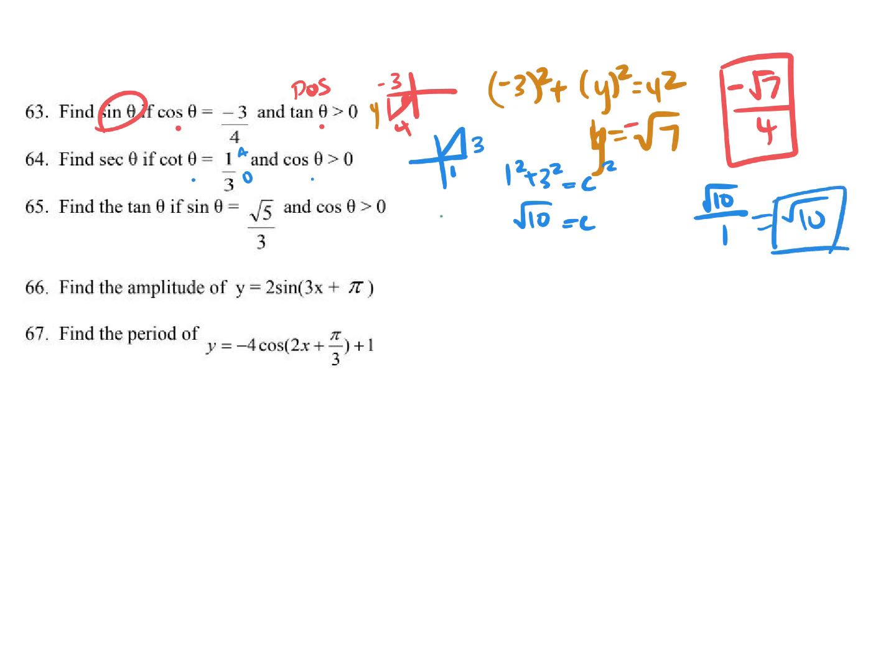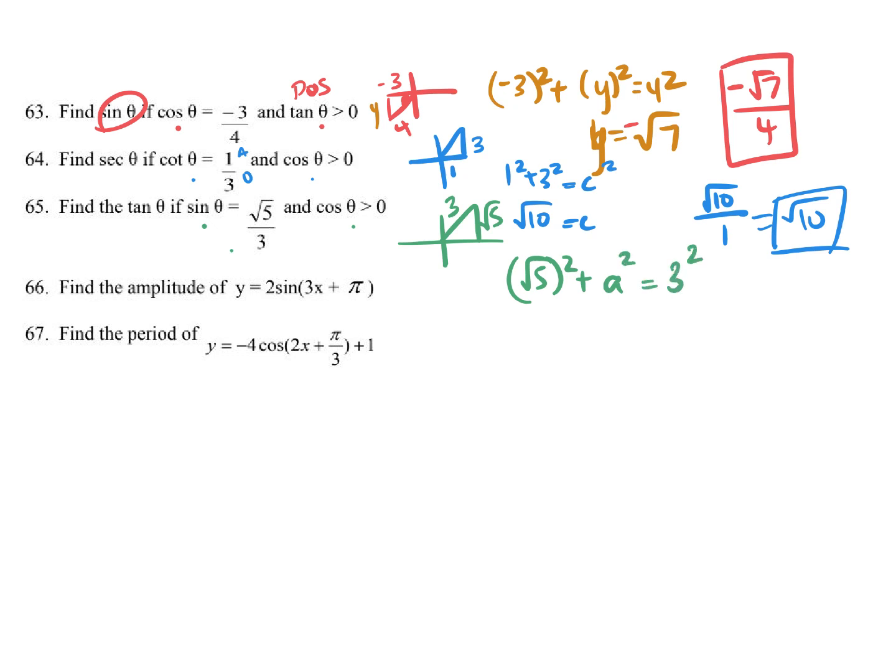Same thing. Sine is positive, cosine is positive. That can only happen in quadrant 1. Hypotenuse is 3. The opposite side is square root of 5. So that means the square root of 5 squared plus your a value squared is equal to 3 squared.